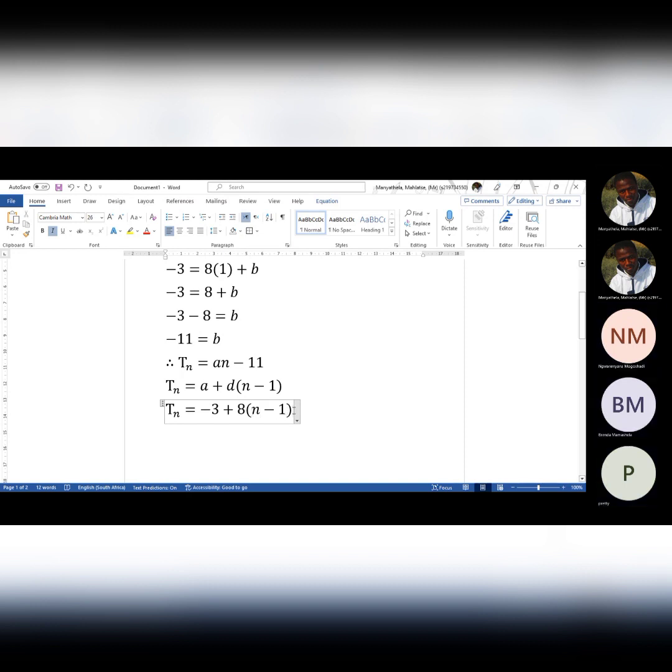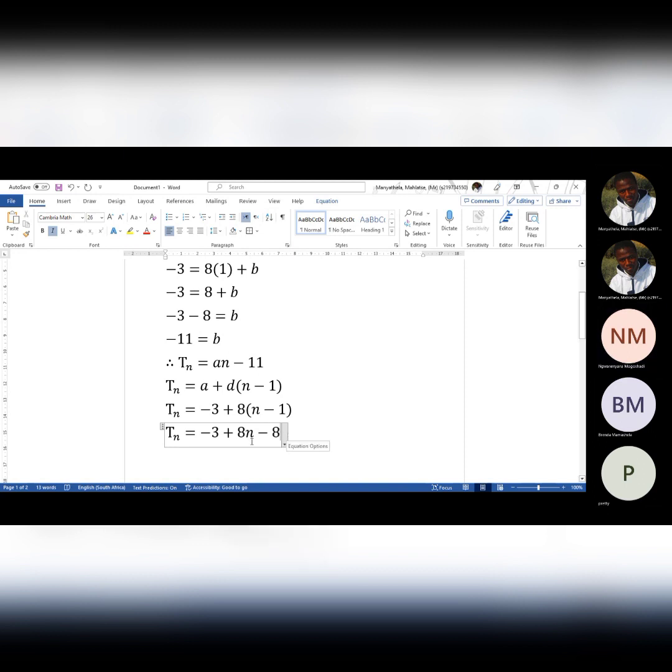I open the bracket and copy this thing. 8 times n, then 8 times negative 1 gives negative 8.